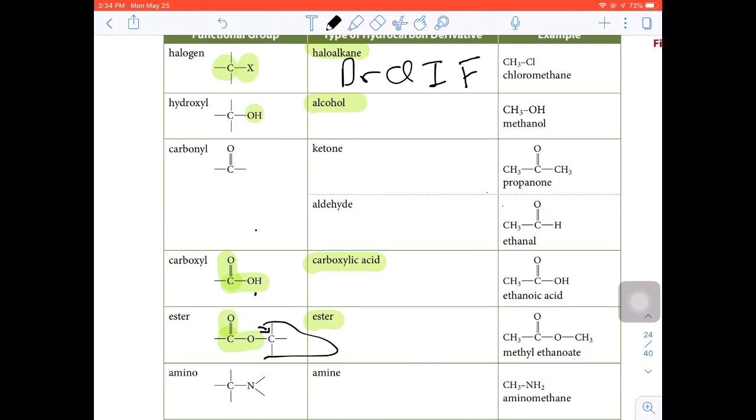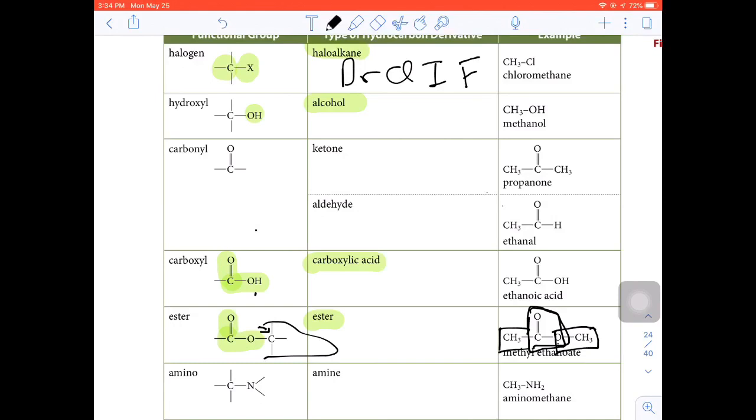So I can see here, there's my C double bond O. The O at the end here is bonded to another hydrocarbon structure, while the C double bond O, the ester, is linked to more hydrocarbon. So you can see how that C double bond O links together 2 hydrocarbon groups.